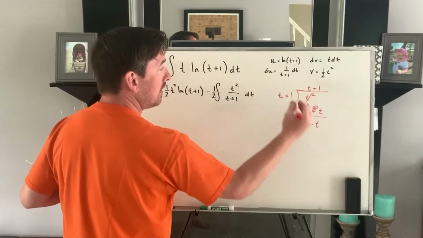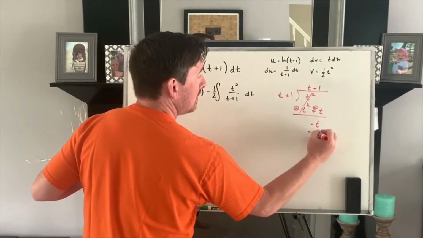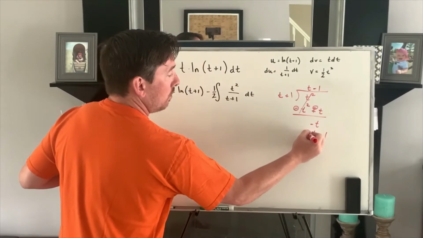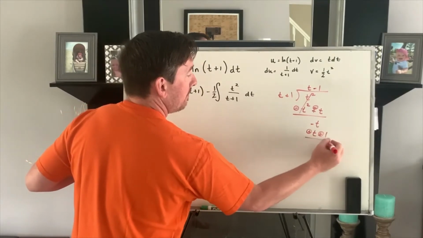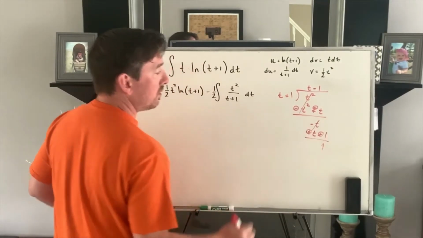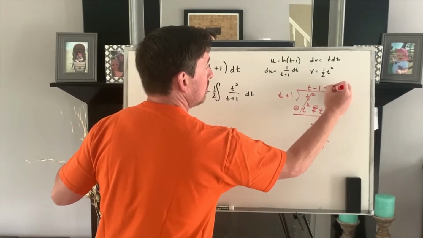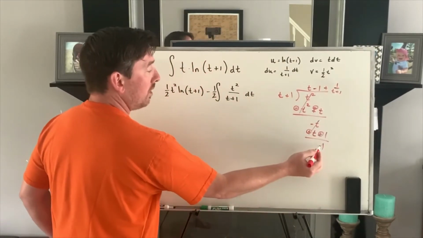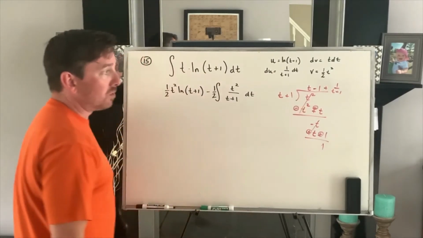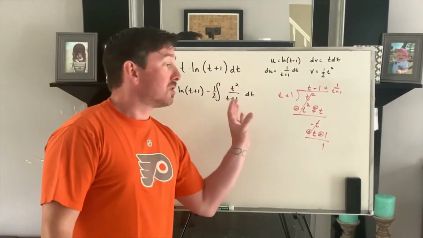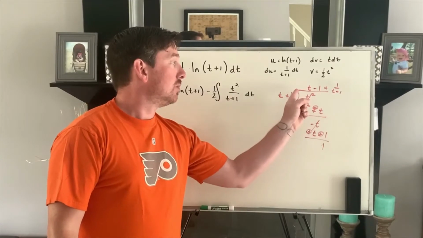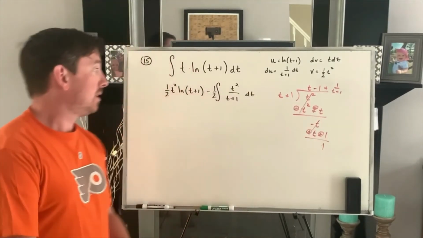Negative 1 times all of this is negative t minus 1. We'll change the signs. They cancel. I'm left with a remainder of 1, so I'm left with 1 over t plus 1. So t squared over t plus 1 got turned into all of that.